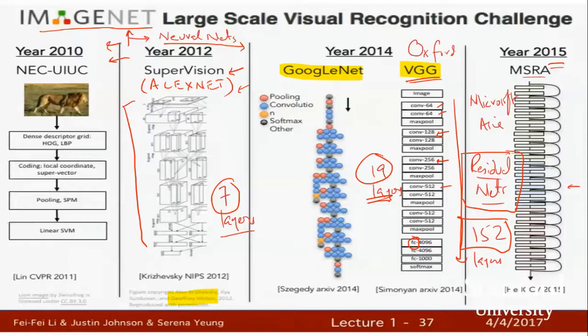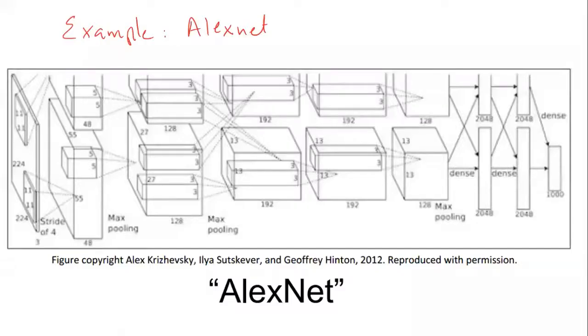You can imagine, everything has a law of diminishing returns. You can't just keep on doing something and expect that it will continue to give you positive results. One of the problems with going deeper and deeper is something called the vanishing gradient problem. Let me talk a little bit about the vanishing gradient problem.